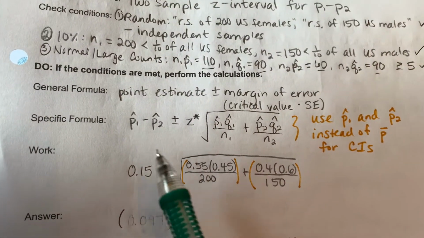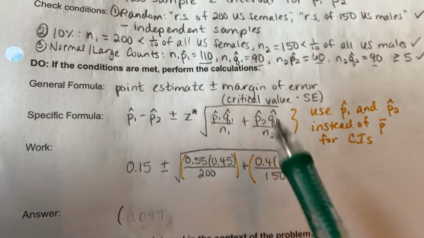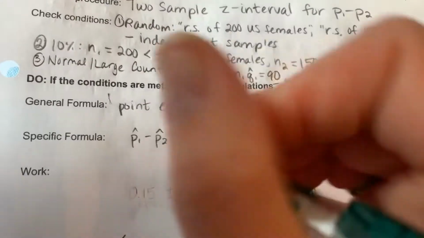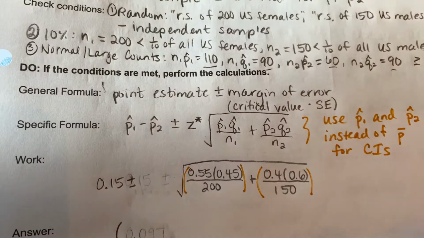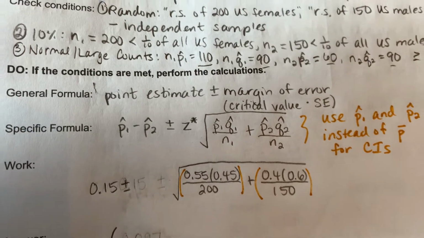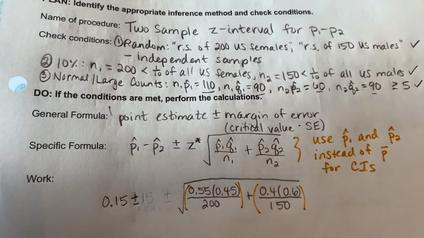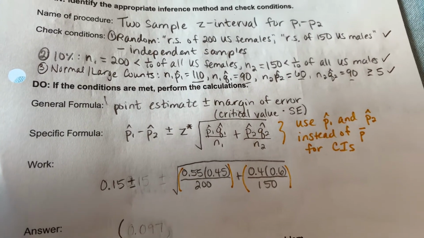Hopefully you were thinking in your head that that does not match the formula above, right? I plugged in this part and I plugged in the standard deviation part, but I forgot the Z star value. Oh my goodness. Okay, so let me scoot this over. 0.15 plus or minus. Now my Z star value for a confidence level of 95%, hopefully you are starting to remember, is going to be 1.96.